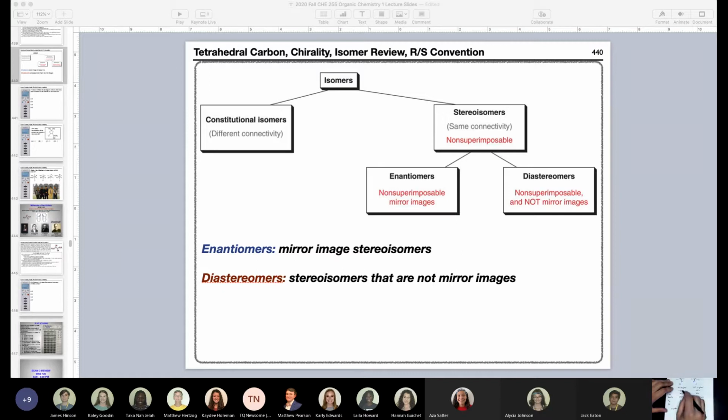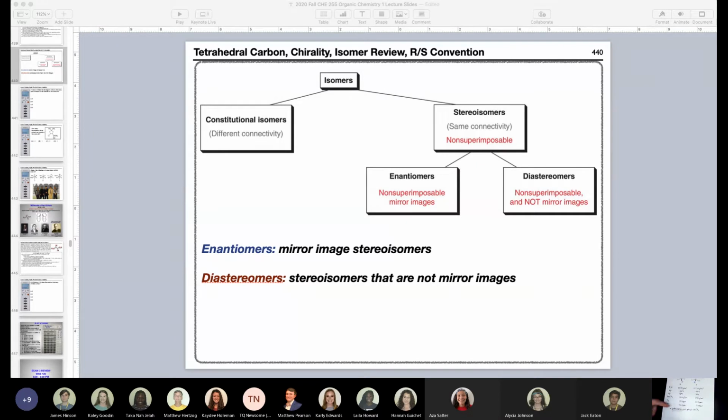The main point here is, since the physical properties are the same, the only experiment we can use is polarimetry with plane polarized light. Carbon gives the same data, proton gives the same data, IR is going to be the same, mass spec is the same, melting point, boiling point, density. Polarimetry and the specific rotations will have equal but opposite signs.